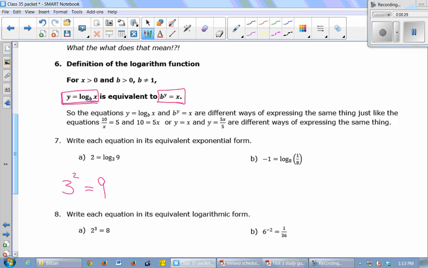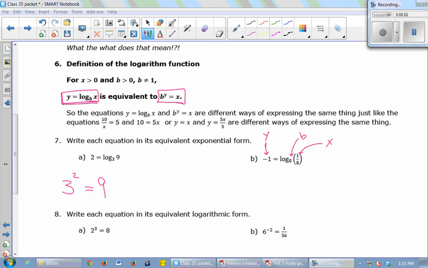Okay, you try this one. Write it in exponential form. Okay, so looking at this equation, this is my base b, a little 8, right? And the thing that's on the other side of the equal sign from the log is my y. And then this thing I'm taking the log of is my x.